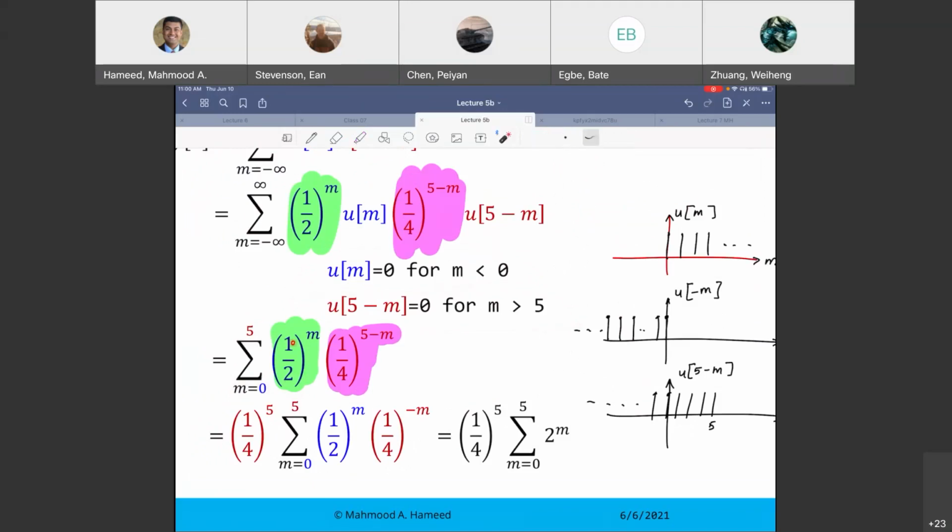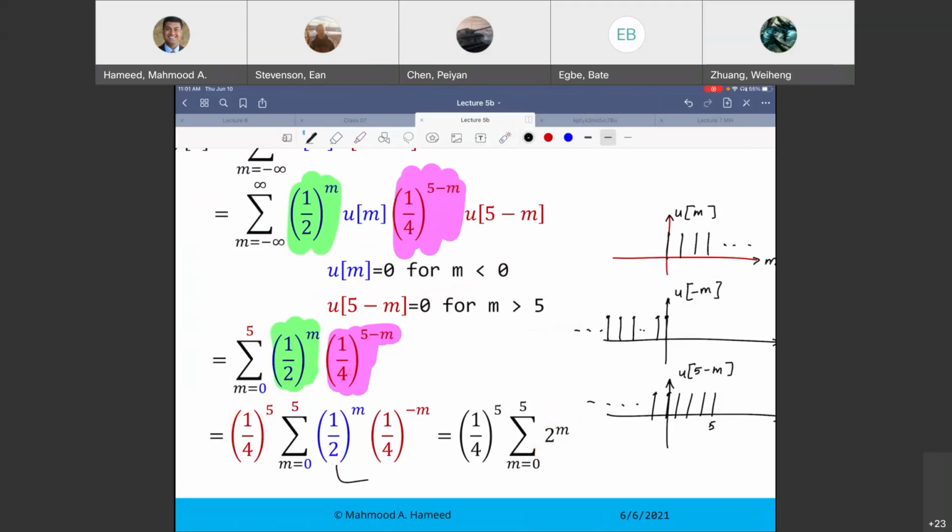Simplify. I've got half raised to m, and I've got 1 over 4 raised to 5 minus m. When you simplify this, what are you going to get? Well, I can pull out the 1 over 4 raised to 5 outside the summation. It doesn't depend on m. What am I left with? I'm left with half raised to m and 1/4 raised to negative m. So my claim is it is going to be 2 raised to m. How is that?